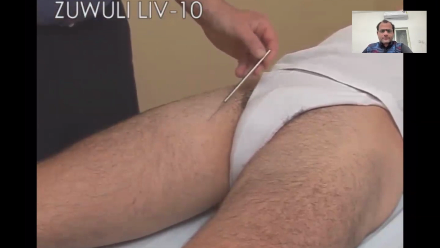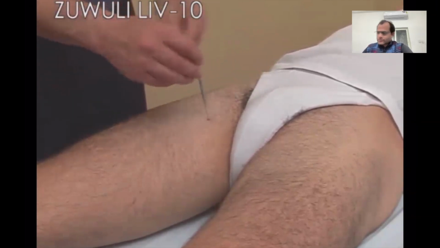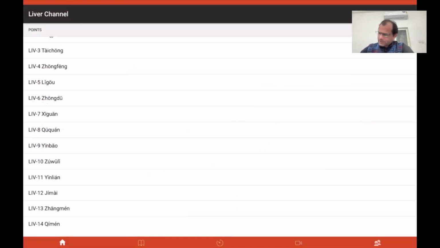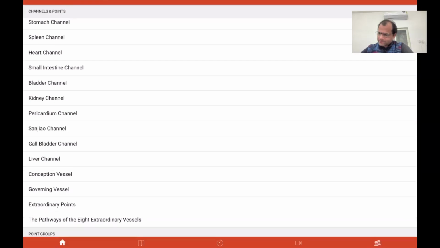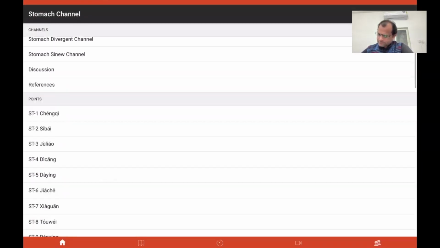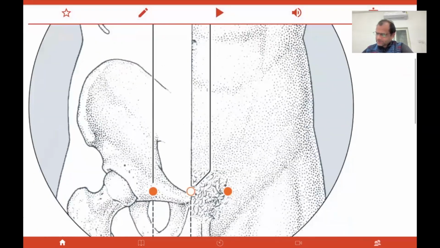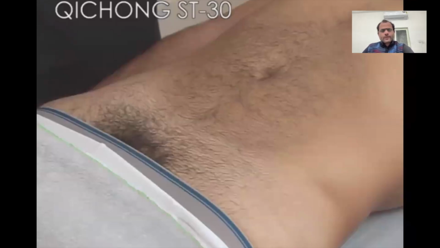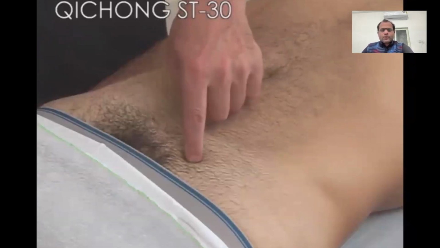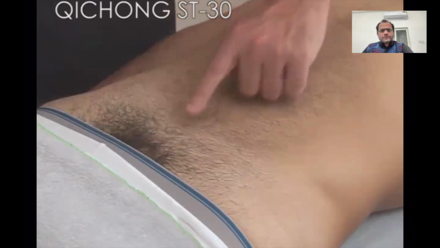Remember Stomach 30. Now where is Stomach 30? Locating Stomach 30 is a very easy task. Let's see now. We can feel the bony margin here, the pubic bone.